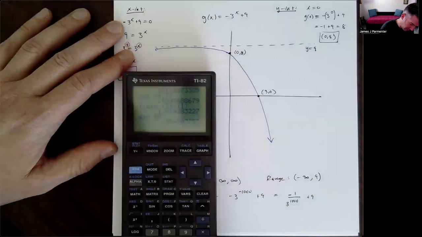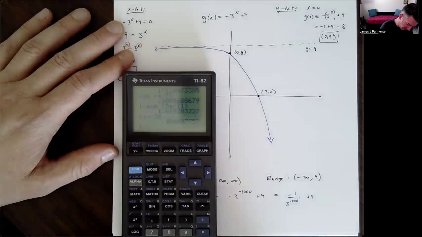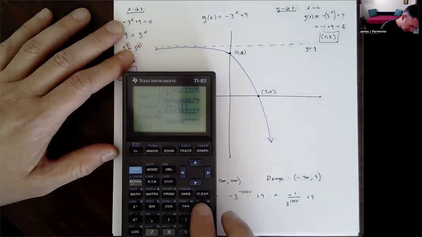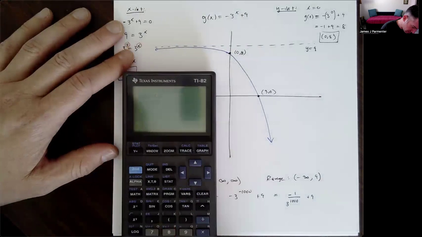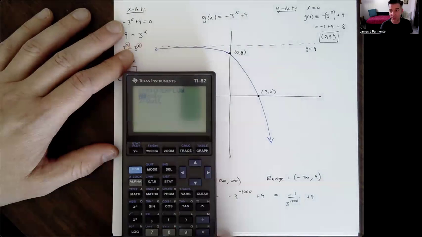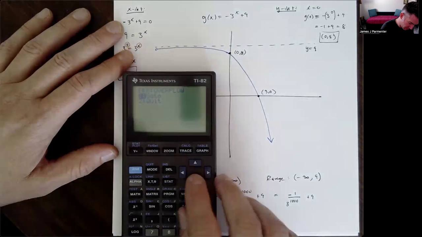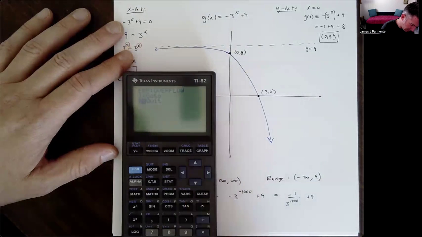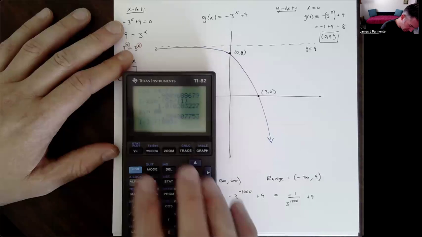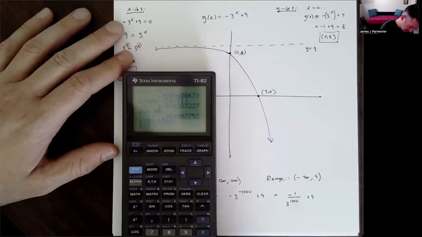Then I'll show you on the calculator that that number is super duper close to 9. 1 divided by 3 to the 1,000th power. Oh, 3 to the 1,000th is too big, so let's try 100th. 1 divided by 3 to the 100th.